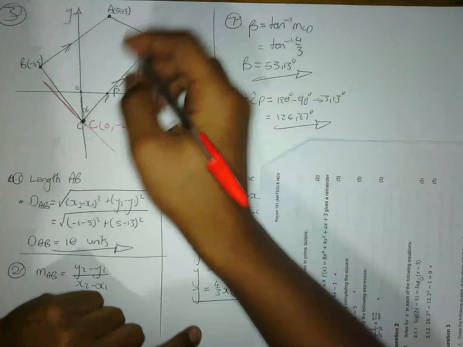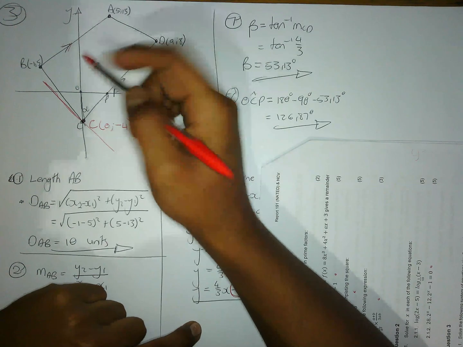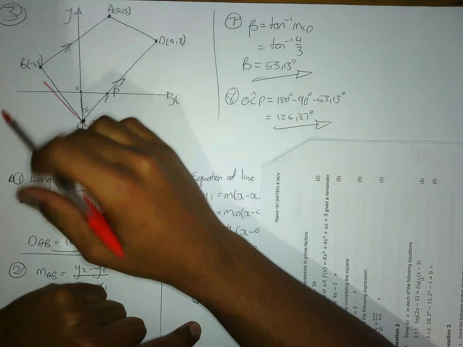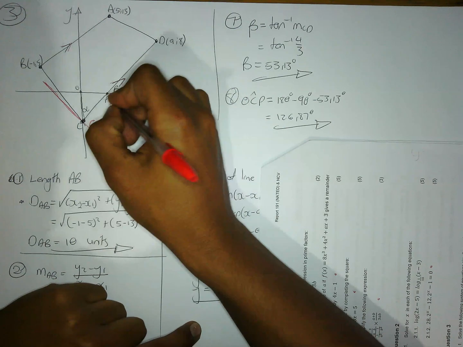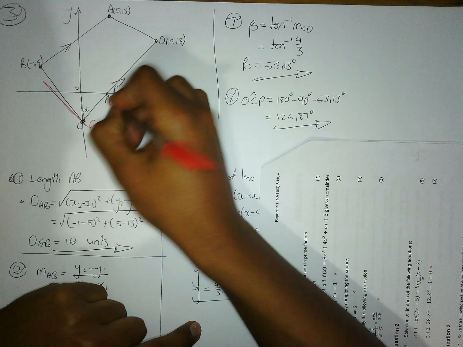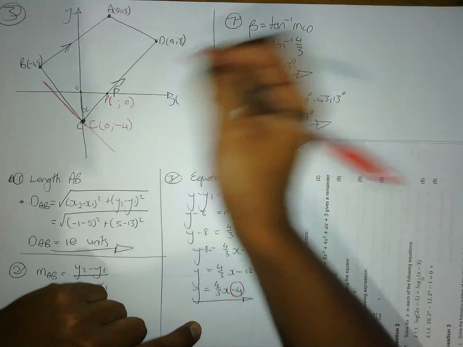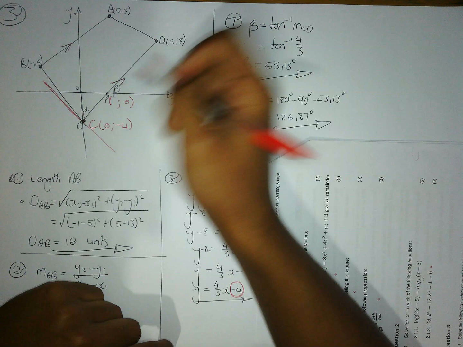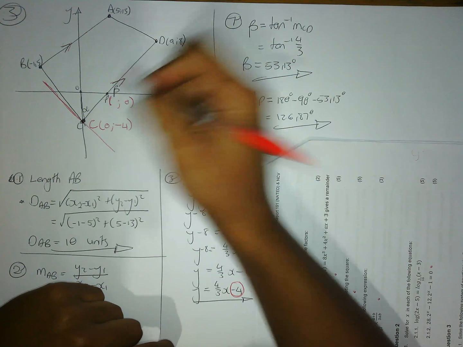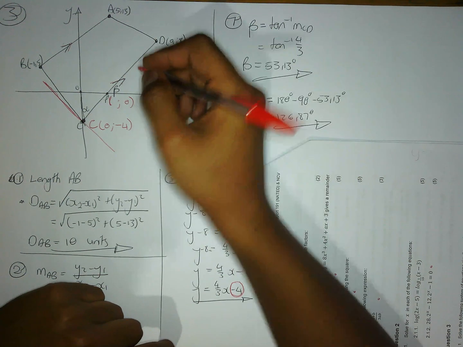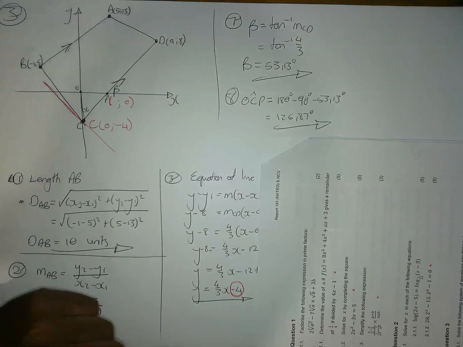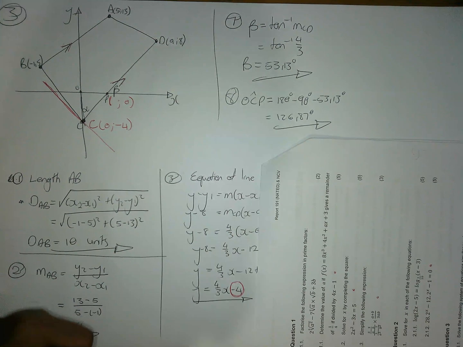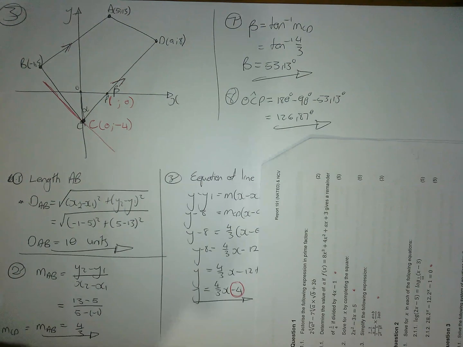When a coordinate is on the y-axis, the x value is 0. When a coordinate is on the x-axis, the y value is 0. So the only one I don't know is the x value for P, but I know the y value because it's on the x-axis. And I know the gradient of line CD.